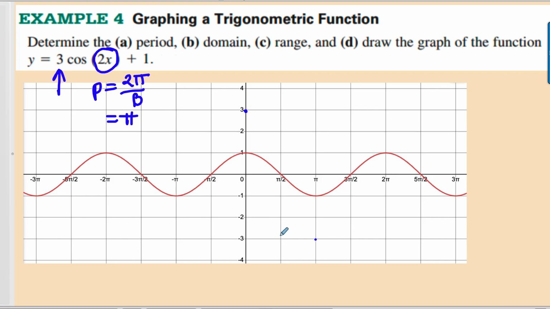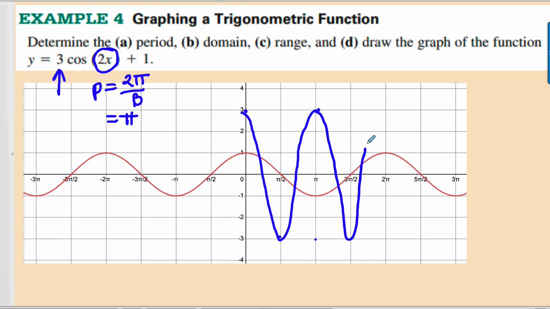So it's going to go down here and then go up right here. And then it's going to do that same thing again in pi. It's going to go all the way down, and then all the way up. And we can continue that way.